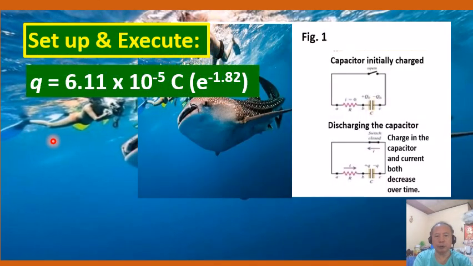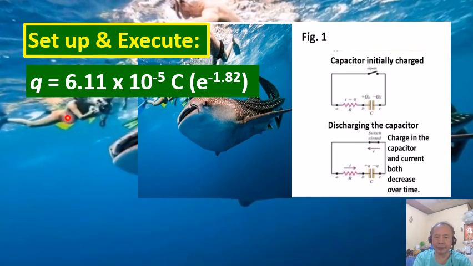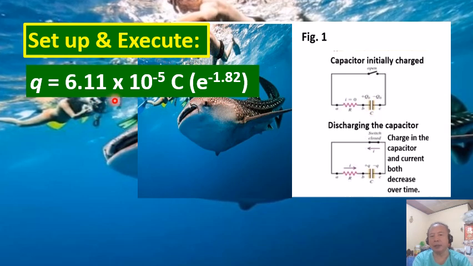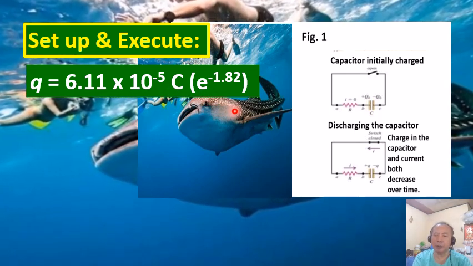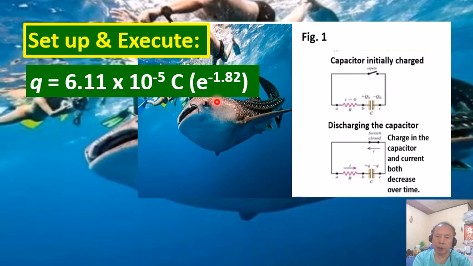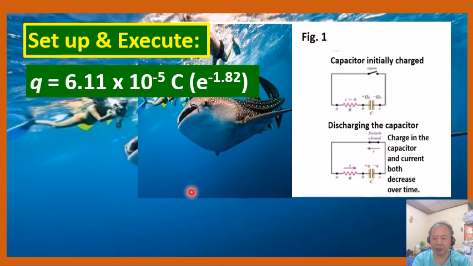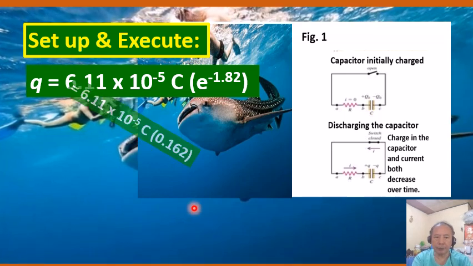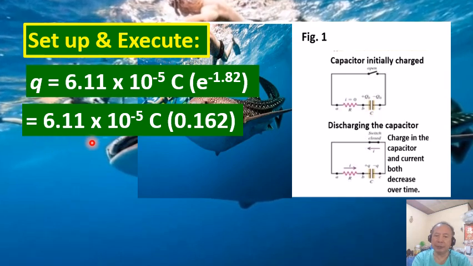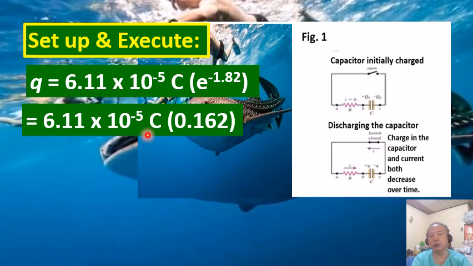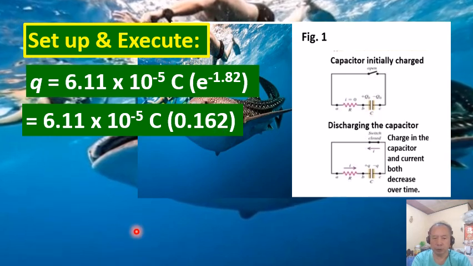Finally, we can now proceed in computing for the value of small q. That is, small q equals 6.11 times 10 to the negative 5 coulomb multiplied by Euler's number raised to the power negative 1.82. So again, with the help of your scientific calculator, the value of small q equals 6.11 times 10 to the negative 5 coulomb times 0.162, right?